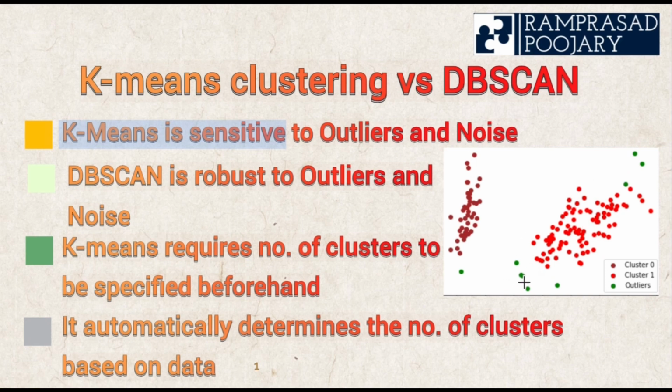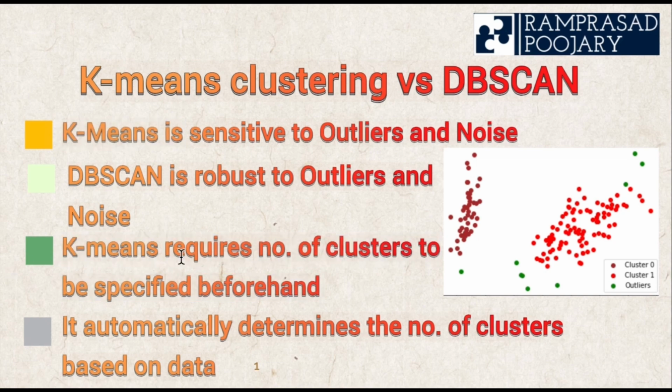Outliers are the data points which are far away from the rest of the data points. Similarly, if there is a random data point, we call it noise. So the k-means clustering algorithm is very sensitive to these outliers and noise. It means when we compute the centroid, these outliers and noise may affect the position of the centroids.